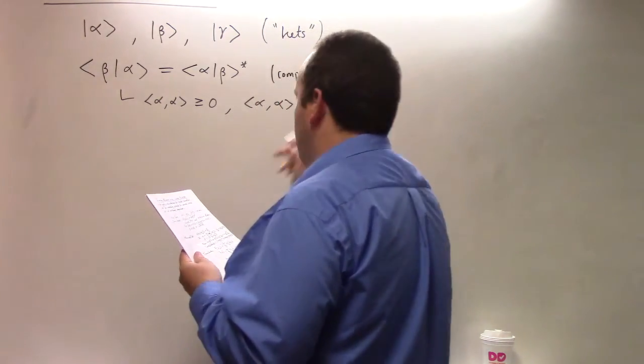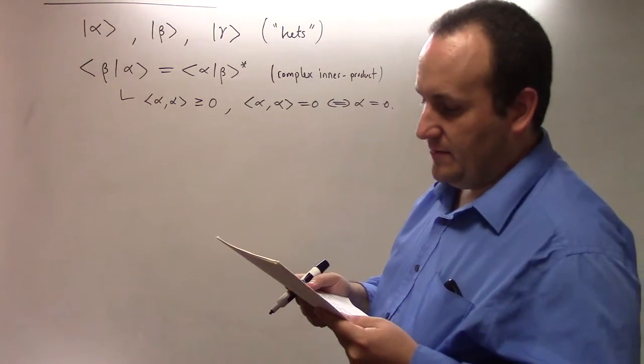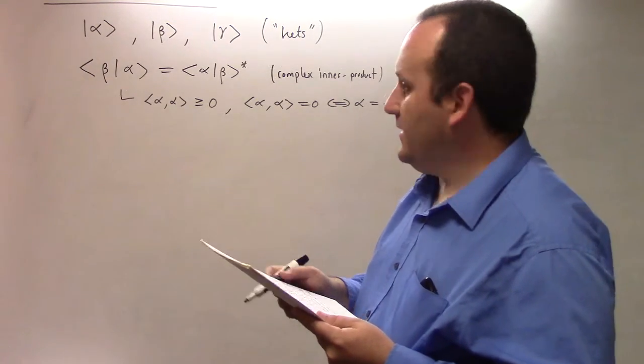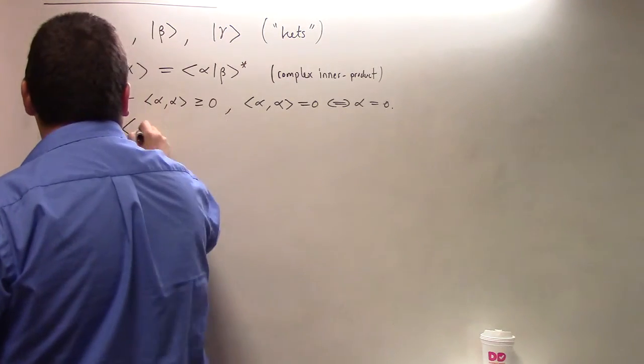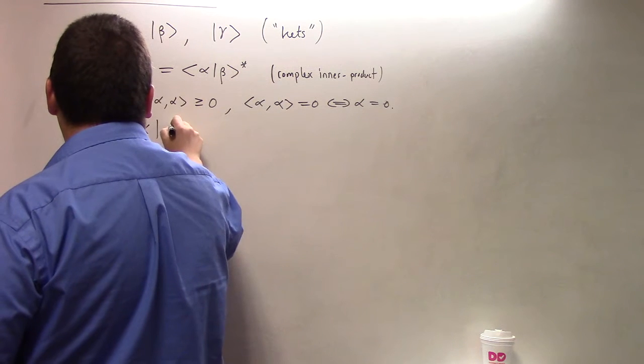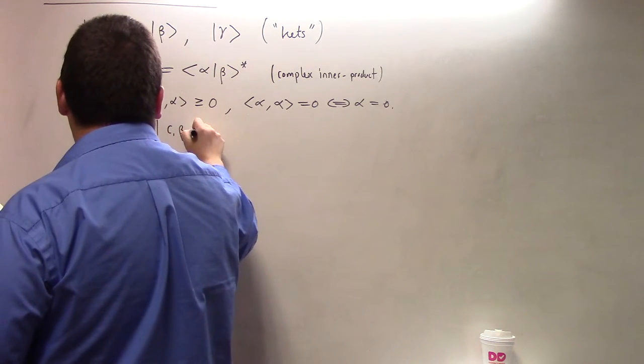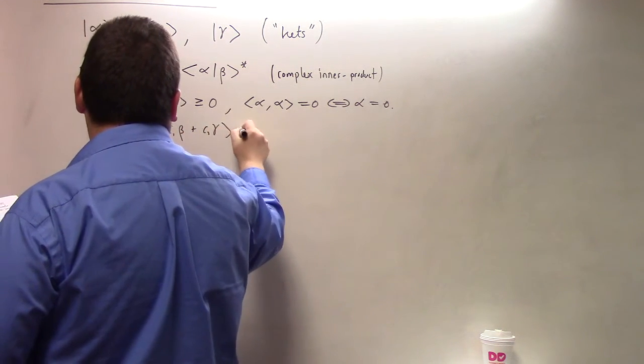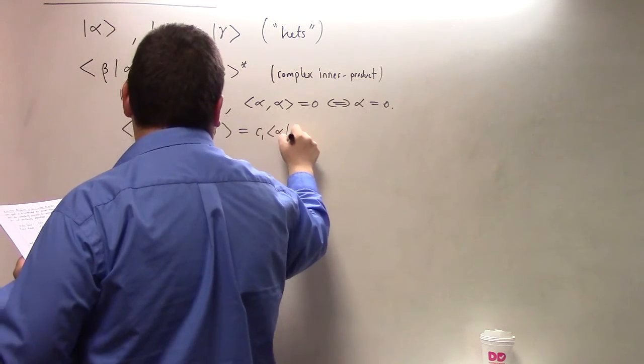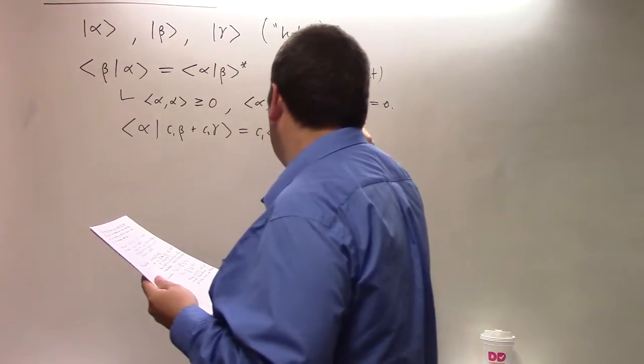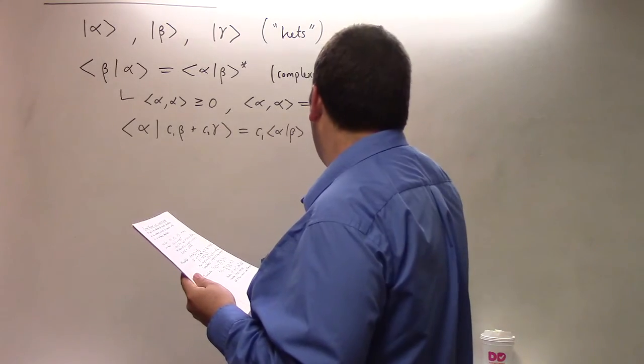So it's like, it's inner product. And you have linearity in the second slot, like alpha with C1 beta plus C2 gamma is equal to C1 alpha beta plus C2 alpha gamma.